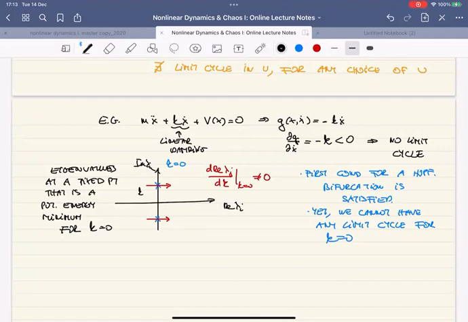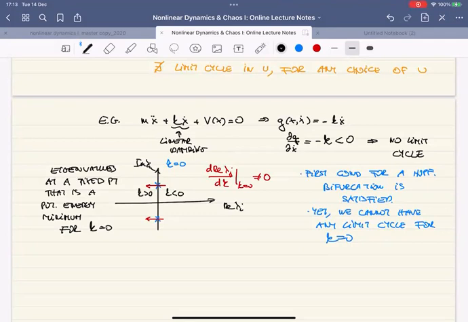Please excuse me. When I turn on the damping, I'm in fact crossing in the other direction. So when I turn on the damping, I'm going in this direction because the system becomes damped. So this is the k bigger than 0 case, and this is the k less than 0 case.